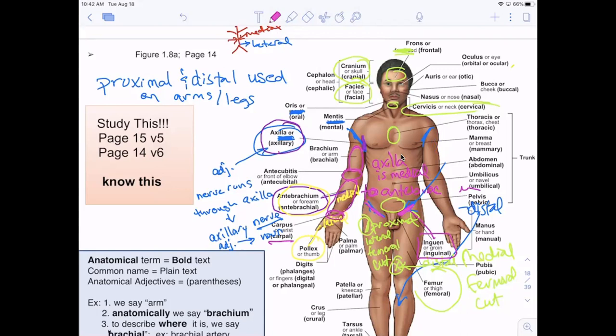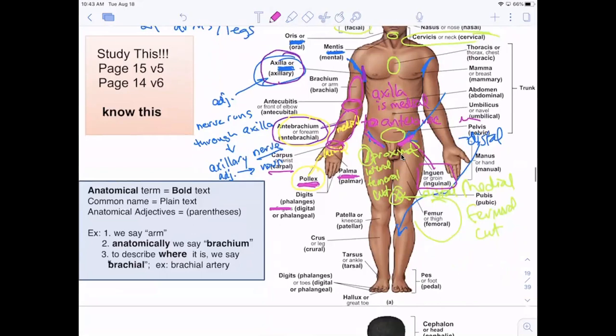You have pollex or thumb. So you can only call your thumb your pollex. Your palm or palmar area, and then your digits. You can call them phalanges or digits, both work. You have the femur, which is your upper leg or femoral area. You have your patella, right, or patellar area, it's your kneecap.